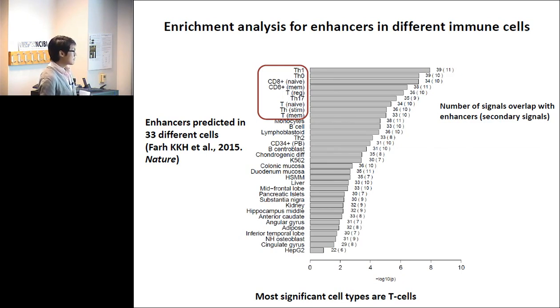We can see the most significant cell types are the T cells. Another observation is that besides the primary signals, we also see secondary signals overlapping with predicted enhancers in the corresponding cell types, suggesting regulatory roles.